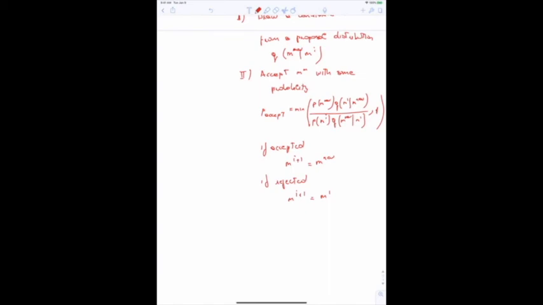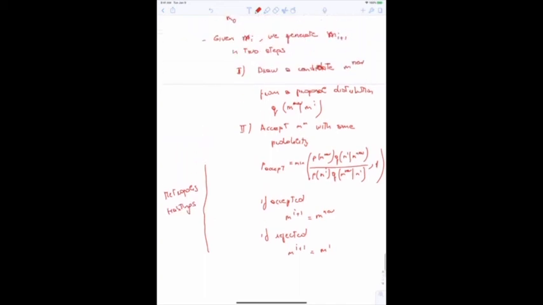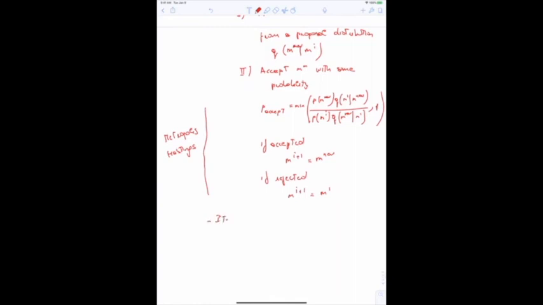Now, this is typical of Metropolis Hastings. And then the last step is that we iterate until convergence.